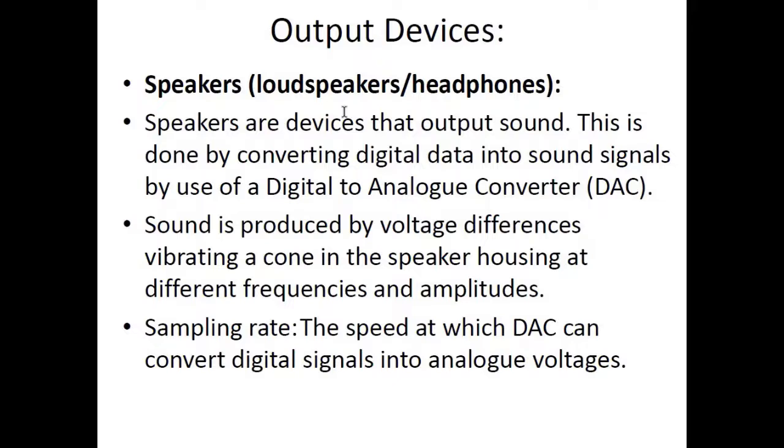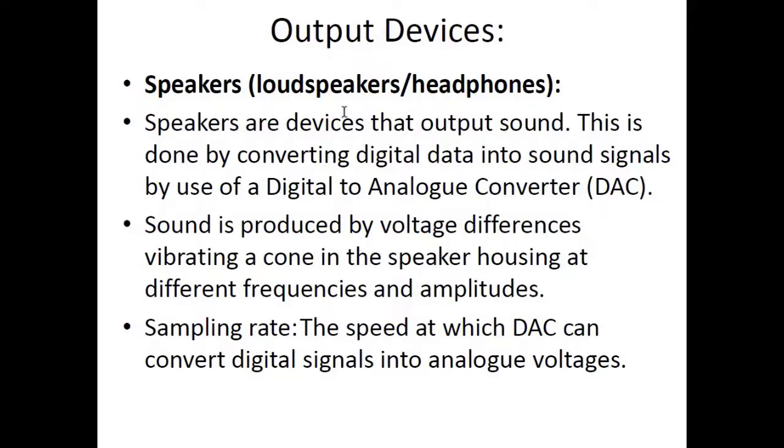The computer provides the digital data which goes into a DAC, digital to analog converter, which converts that digital data into electrical signals. Those electrical signals are given to the coil wrapped around a magnet.